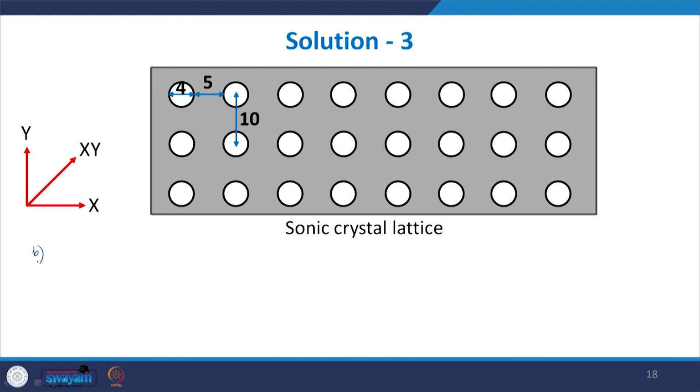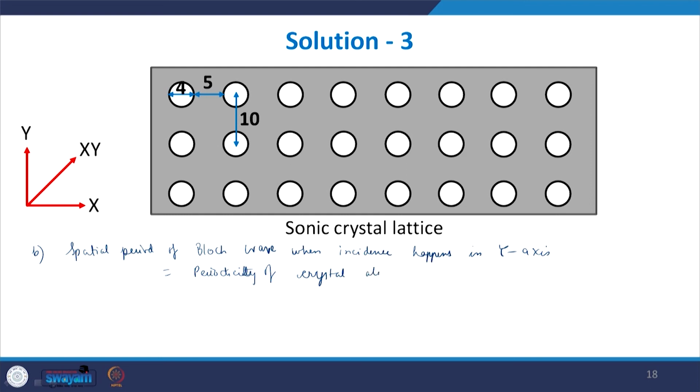Now similarly we can solve for the other two directions, so I will not explain more. I will directly write the solution. So the spatial periodicity: let us find out what is the length after which the pattern repeats itself in the vertical direction.